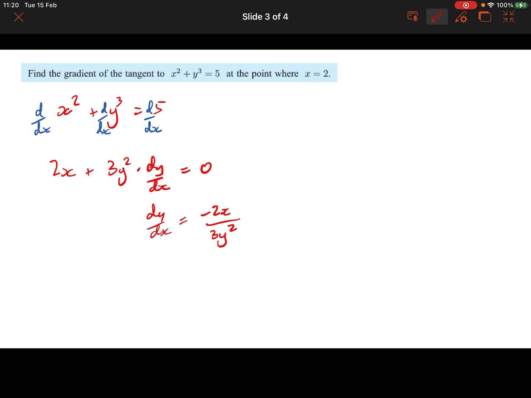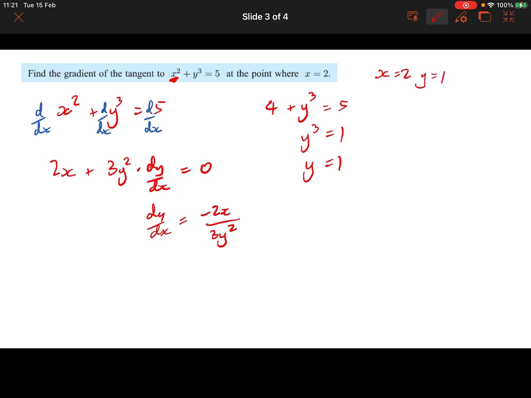Now what we want to know is the gradient of the tangent at the point where x equals 2. But I can't work this out unless I know what the y value is as well. So I'm going to have to say 4 plus y cubed, because I'm subbing the x equals 2 in there, equals 5. So y cubed equals 1, so y equals 1. So I'm actually looking for it at the point where x equals 2 and y equals 1.